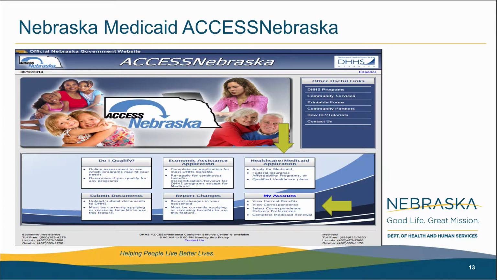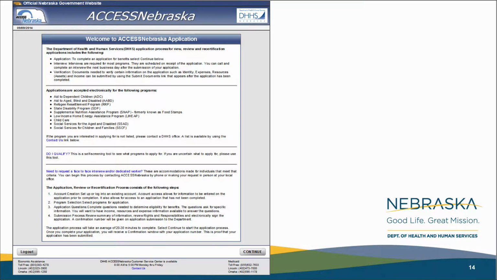From this screen, first-time applicants without a user ID are shown to begin by completing an application, and that's under the yellow arrow. It's a simple approach where they just click on it and they're taken to an online application form, and they would be able to start that process.